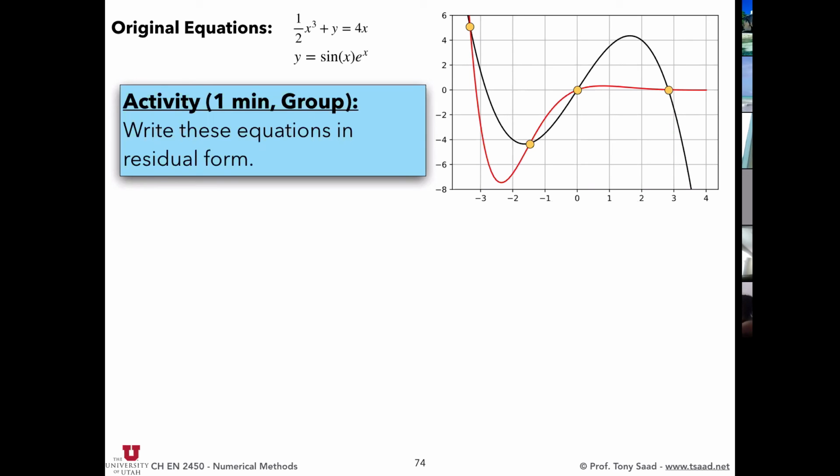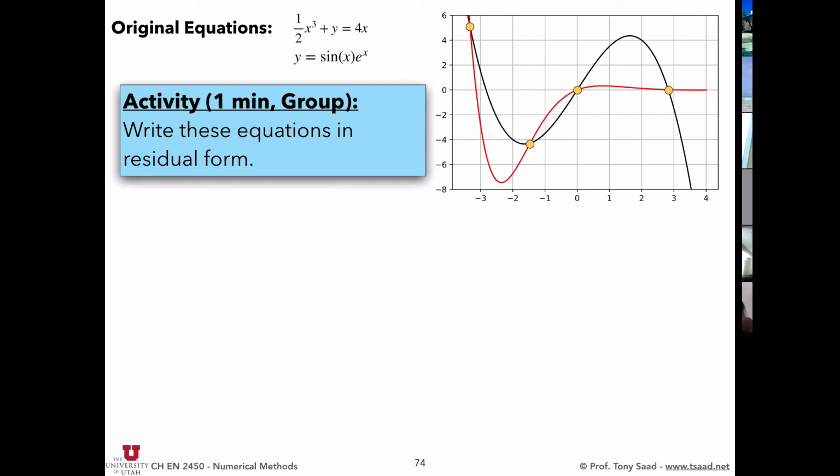I didn't get to an exact answer. I was trying to think about what would be considered like alpha in this instance. Okay. Do we have any other answers? So I know what you're saying, but there's no alpha in this case. It's just we want to cast the equations into a form that's in residual form.